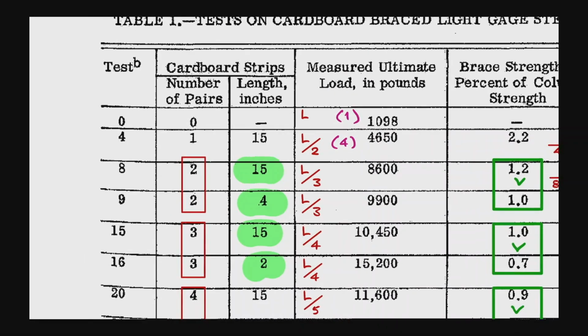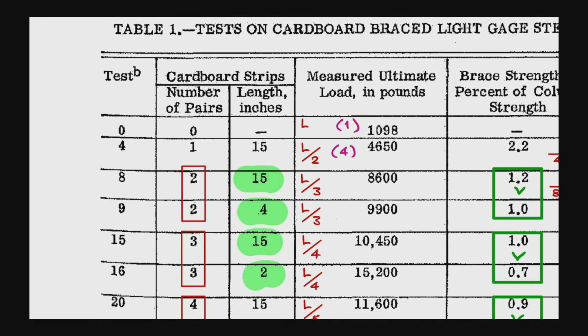And then increase the number of bracing points, so they have two pairs, and for these two pairs, one specimen has a 15 inch brace length and another has a 4 inch brace length. This is to vary the stiffness of the brace, whereas the capacity of the brace is still maintained at 103 pounds.